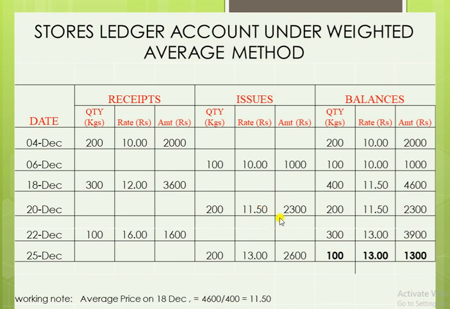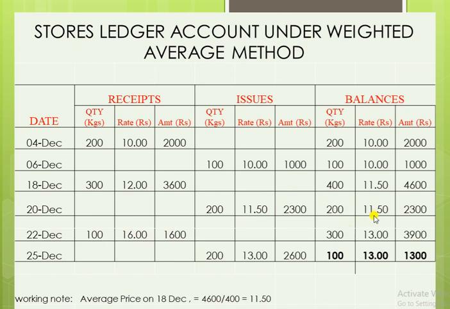Is that clear? Okay. Now on 22nd December, it is 100 units at the rate of 16 rupees, 1600. Now quantity plus quantity, 200 plus 100, 300. And 2300 plus 1600, it is 3900. Now the rate is not 16.